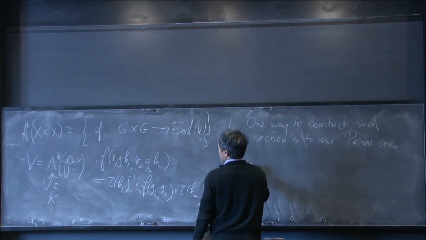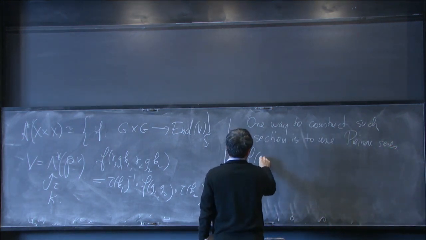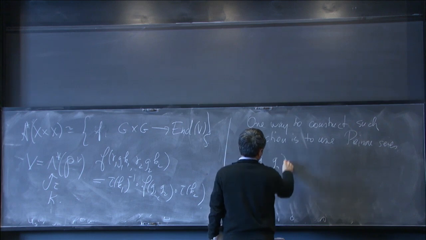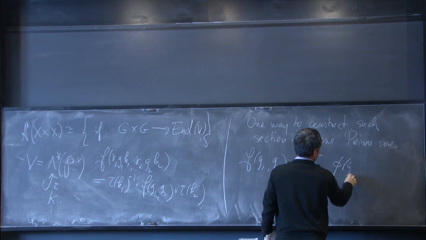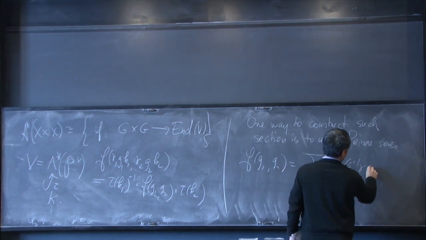So this f(g1, g2) will be the summation of phi(g1 inverse gamma g2).